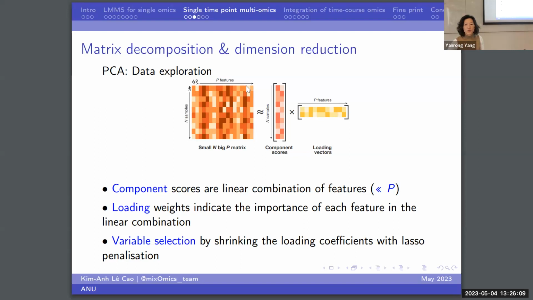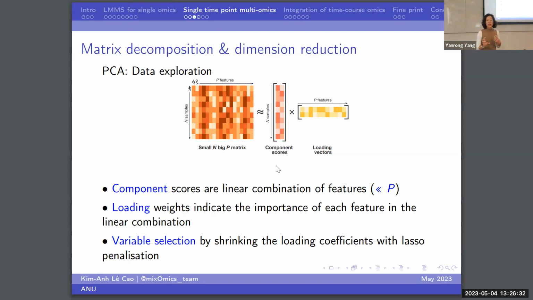And what I'm trying to do here is just to fit a linear combination of those 20,000 genes so that in the end, I only have like one score or two scores, two components. So I basically project my data that live in a space of size P into a space of size 2, for example. So this is what those components are telling you.